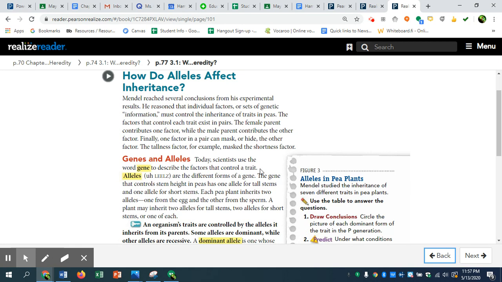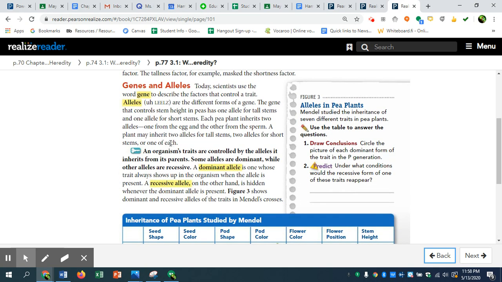All right, so let's take a look at our workbook. We're on page 77 of the workbook. We're going to continue talking about Mendel's research and the things that he was discovering. Scientists use the word gene to describe the factors that control a trait. Certain genes control certain traits. You have genes for eye color, genes for hair color, genes for height, countless genes.